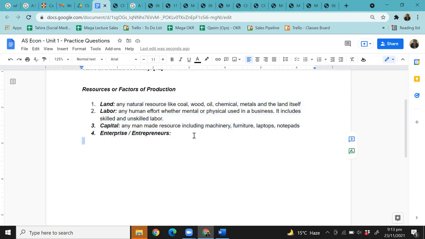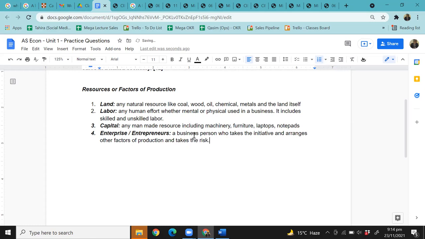Now, the fourth and the last category of resource is enterprise or the entrepreneurs, right? Entrepreneur is a word that is very commonly used nowadays. An entrepreneur is a business person who takes the initiative and arranges other factors of production in business and takes the risk, right?